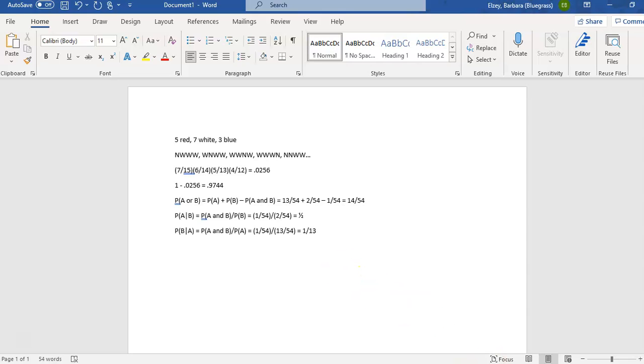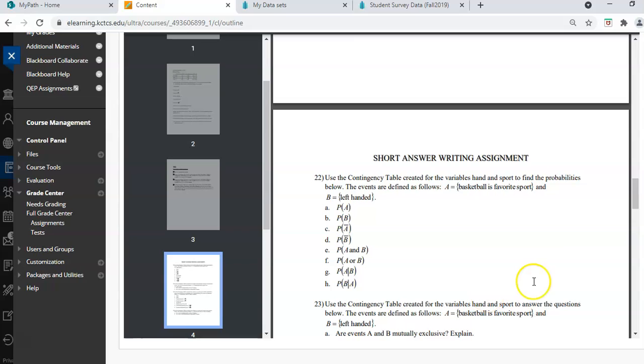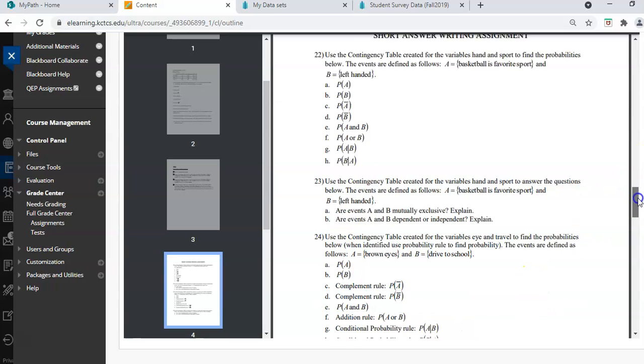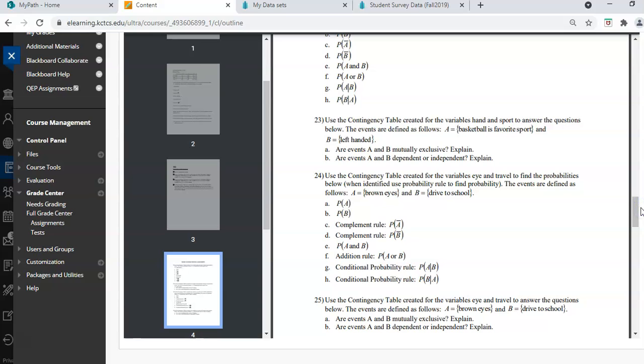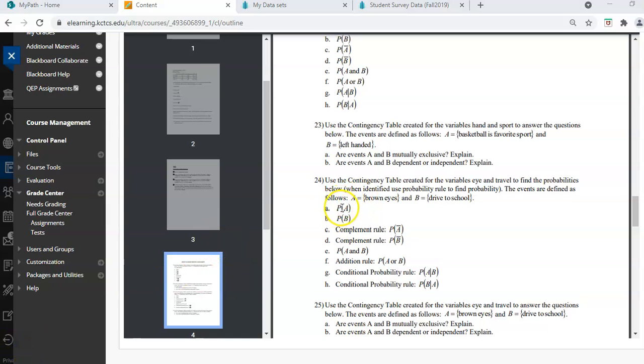Now 24 I think is going to be similar. Let's take a look back here. For 24 we need the contingency table for I and travel. So let me take a moment to produce that. So we want to find the probability of someone having brown eyes from our contingency table.